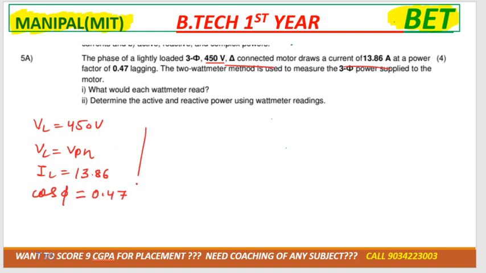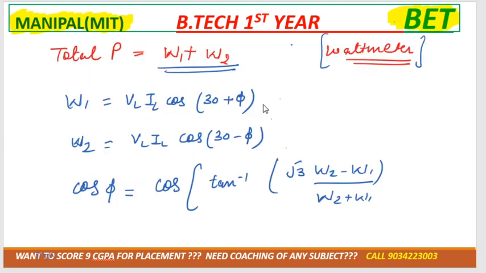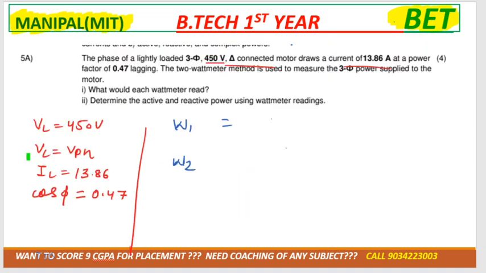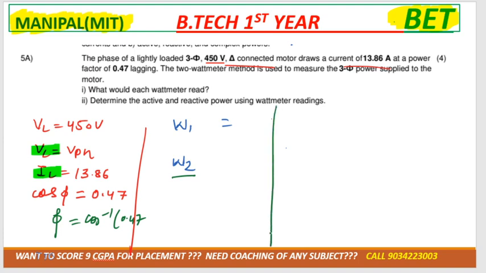The 2 wattmeter method is used, so they are asking W1 value and W2. For that you will have the formula W1 is VL IL cos of 30 plus phi. You have VL, IL also, and from here you can get the value for phi, that is cos inverse 0.47. Similarly you can get W2. Determine the active and reactive power using wattmeter readings.